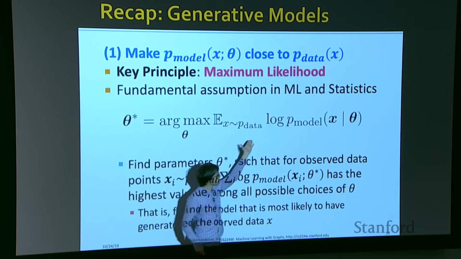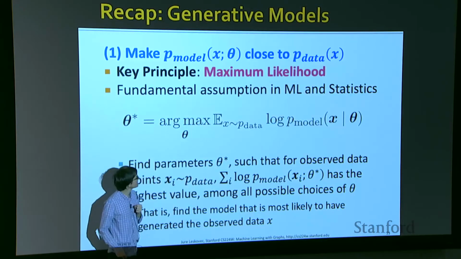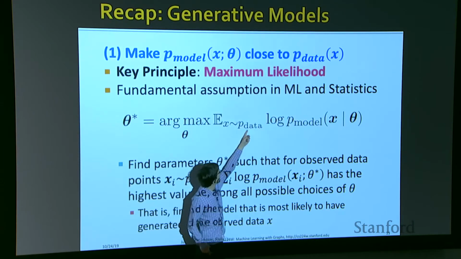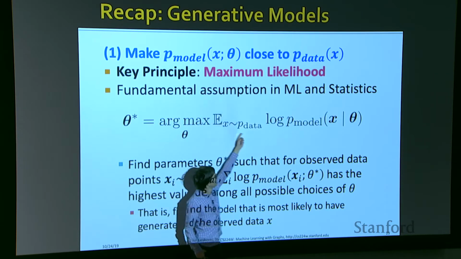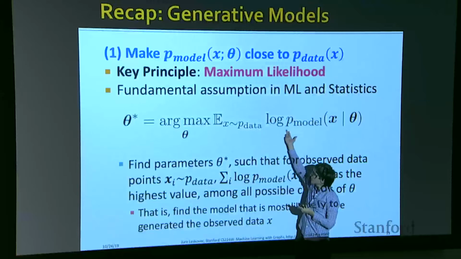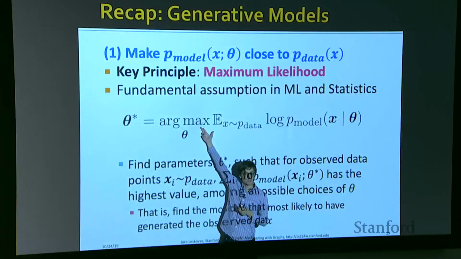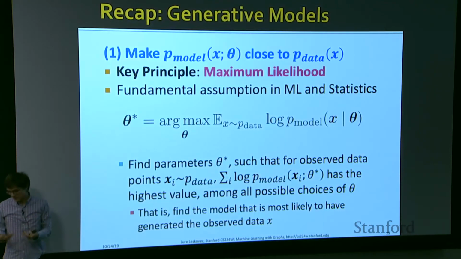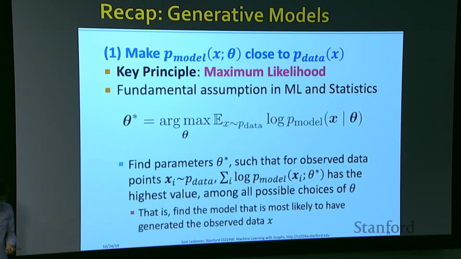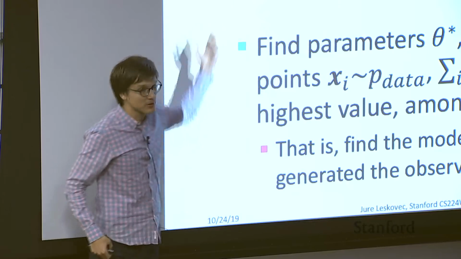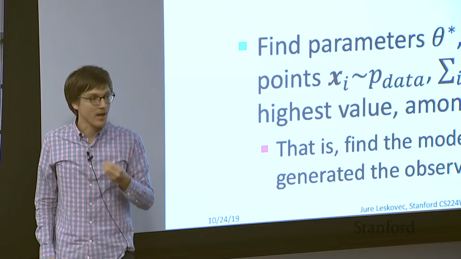Here I'm writing out what log likelihood is, and why is this interesting? Because data comes from P data, and you want to set the parameters of P model so that this sum of probabilities is as large as possible. That's why this makes sense, and it is an amazingly fundamental, and also simple, crisp, pure concept of log likelihood or maximum likelihood.